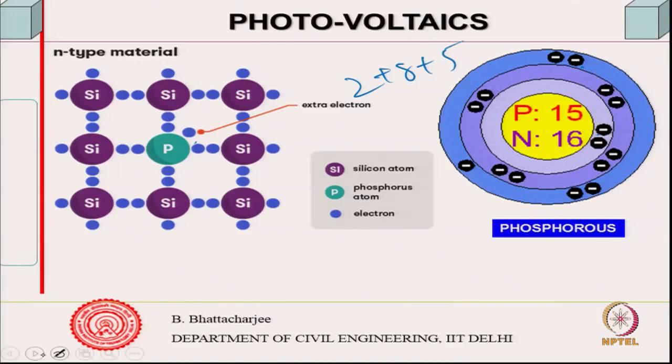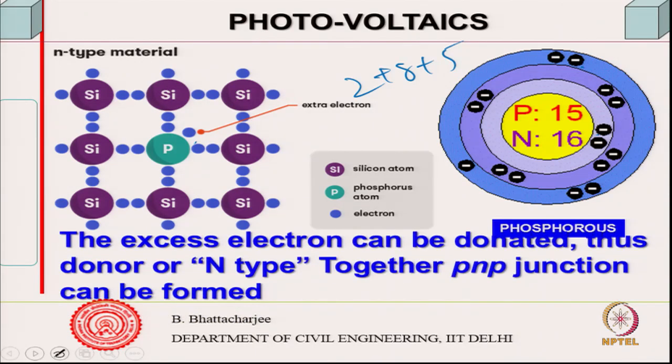Where there is boron, there is a gap, and that gap can be filled if an electron jumps out from silicon and goes to the boron.